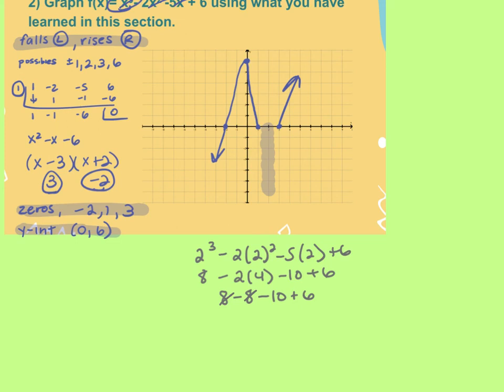These cancel. -10 plus 6 is -4. So now I know when my x is 2, my y is -4. And then I know it goes down, and I know it has to come back up because it has to cross through that 3.